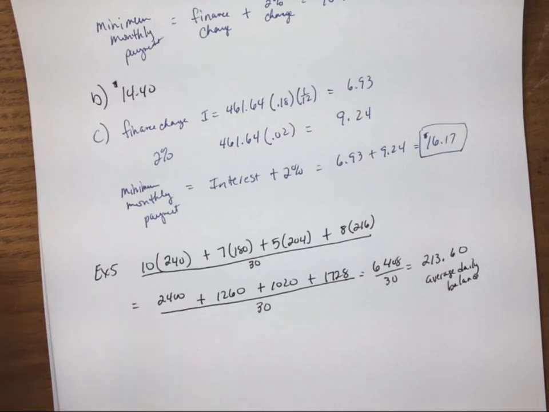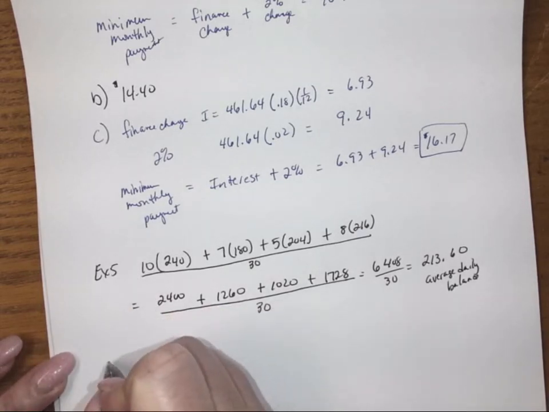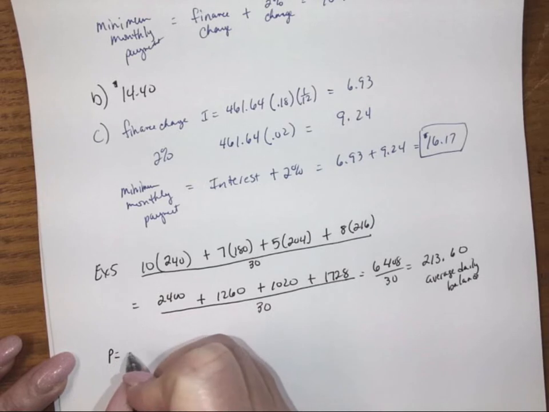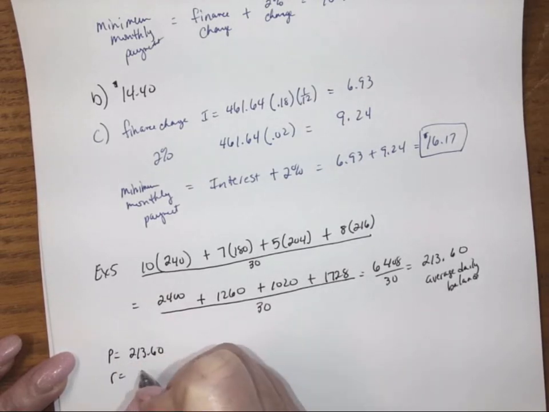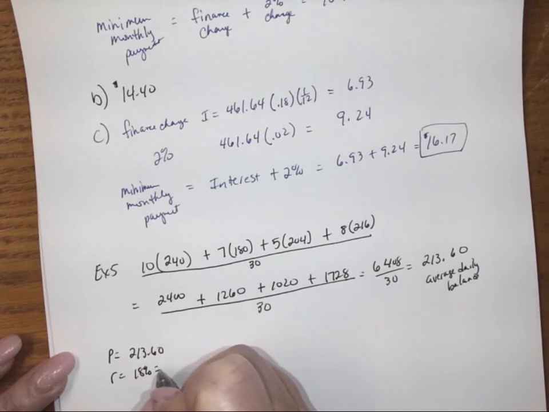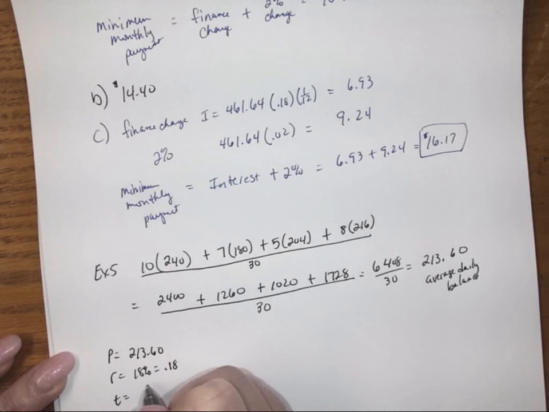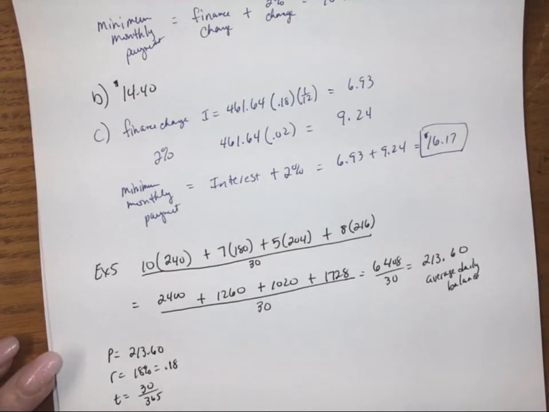And now that we have that, we still needed to find the finance charge that will appear on your October credit card statement. So for our finance charge, we know that our average daily balance is $213.60. Our rate is at 18%, which is 0.18. And our T is going to be 30 days out of 365.